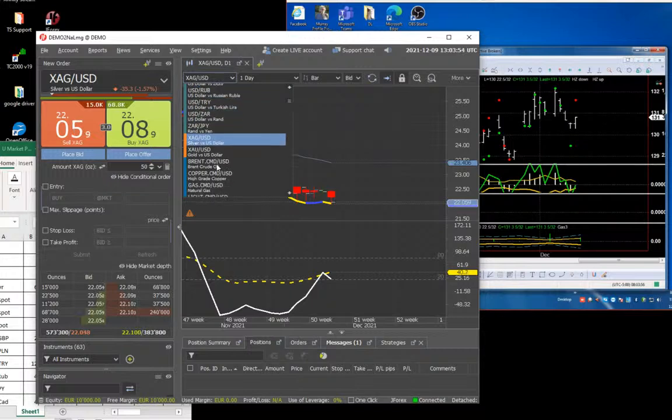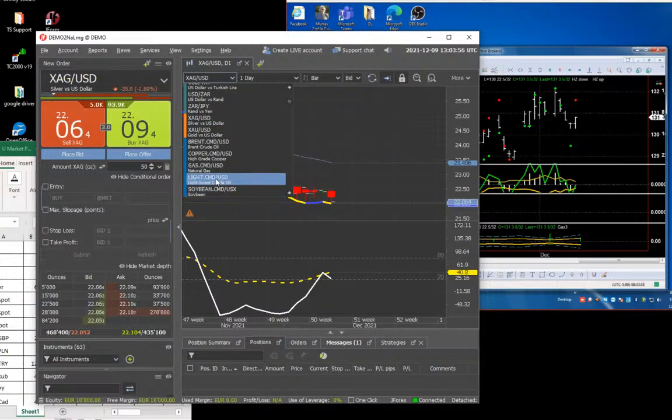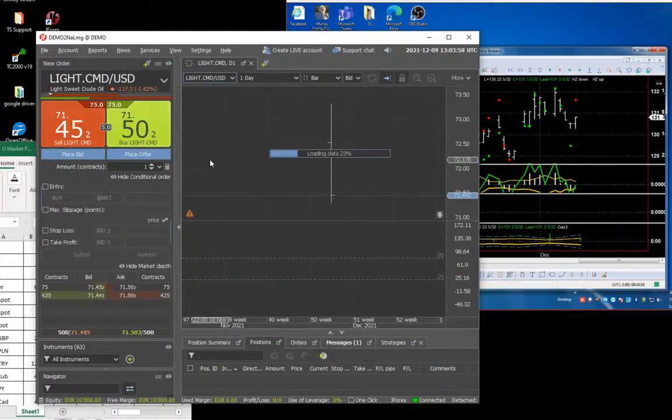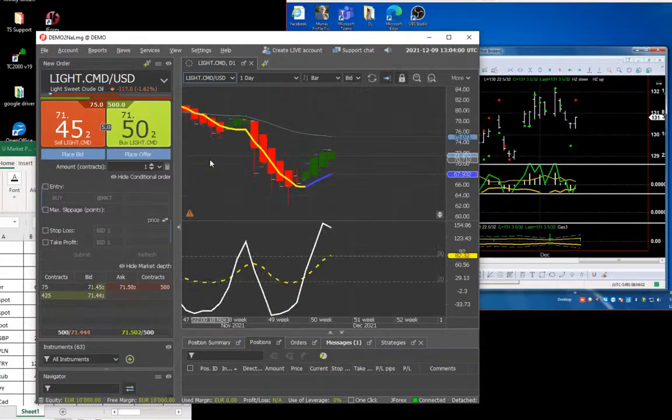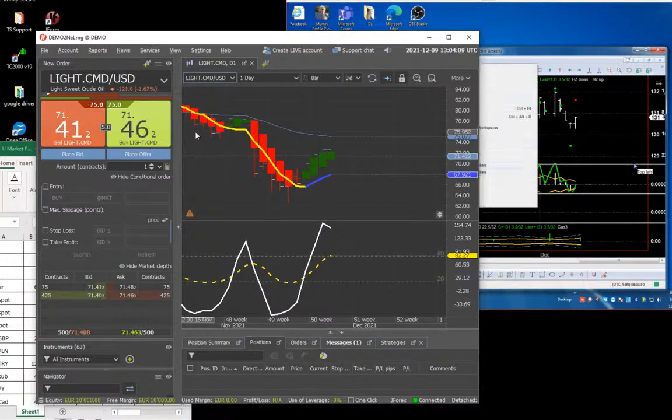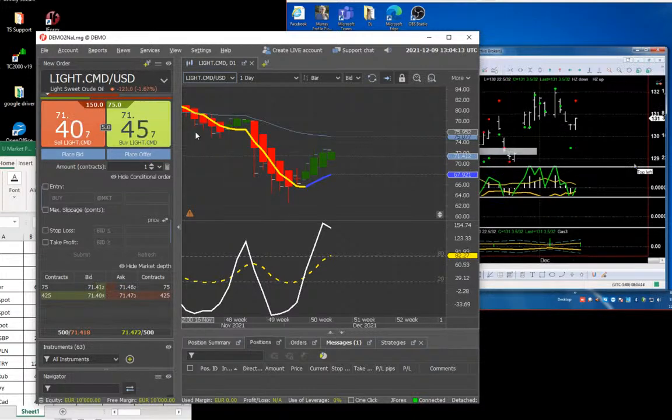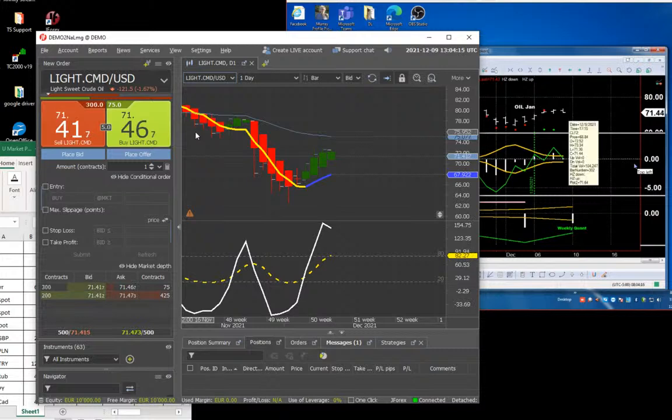And there it is, right there. There's the oil. Let's see what it's doing on the Chicago side of things. You see it's holding up very well on the J4X. And it's down a little bit today.